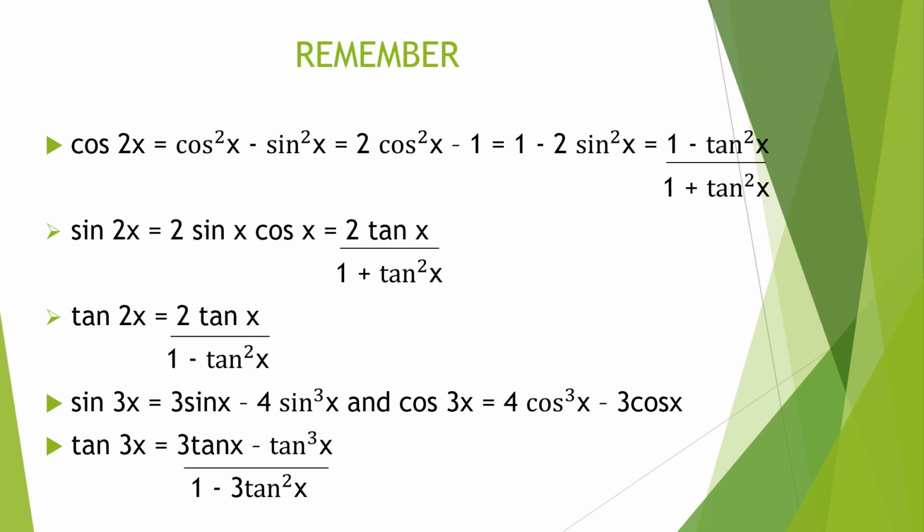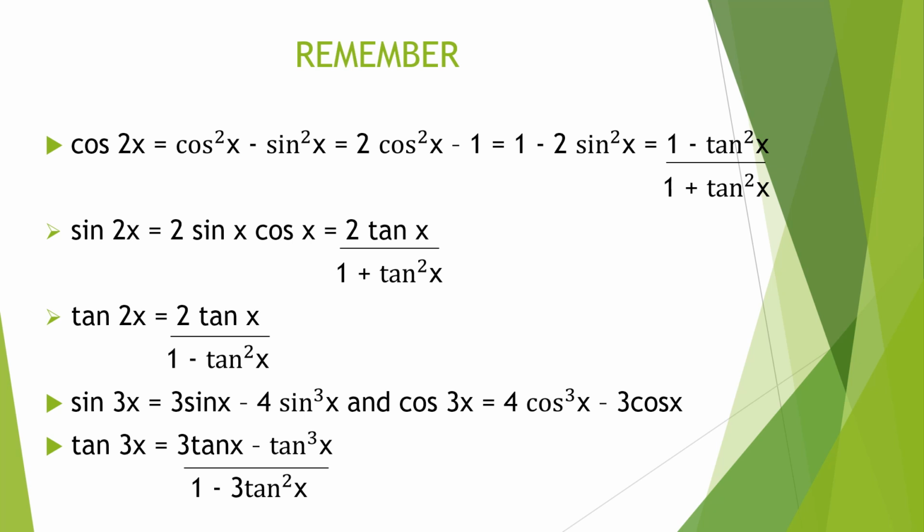So what you need to remember is cos of 2x is cos square x minus sine square x, or 2 cos square x minus 1, or 1 minus 2 sine square x, or 1 minus tan square x upon 1 plus tan square x. Similarly, sin 2x is 2 sin x cos x, or 2 tan x upon 1 plus tan square x.